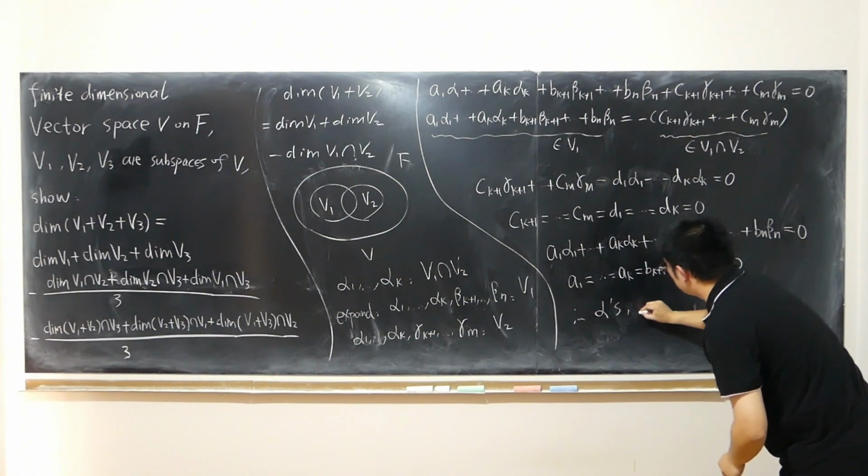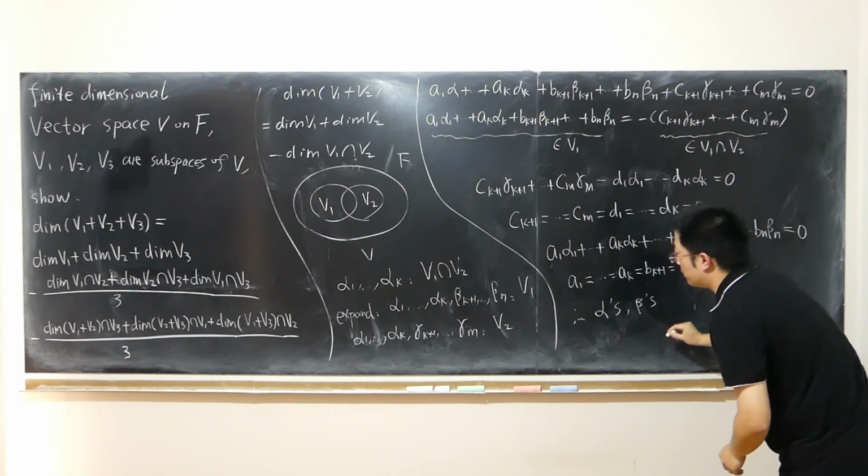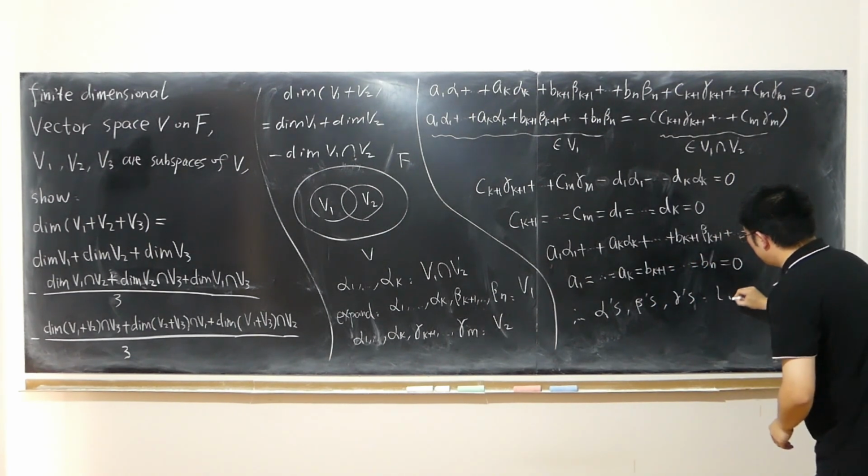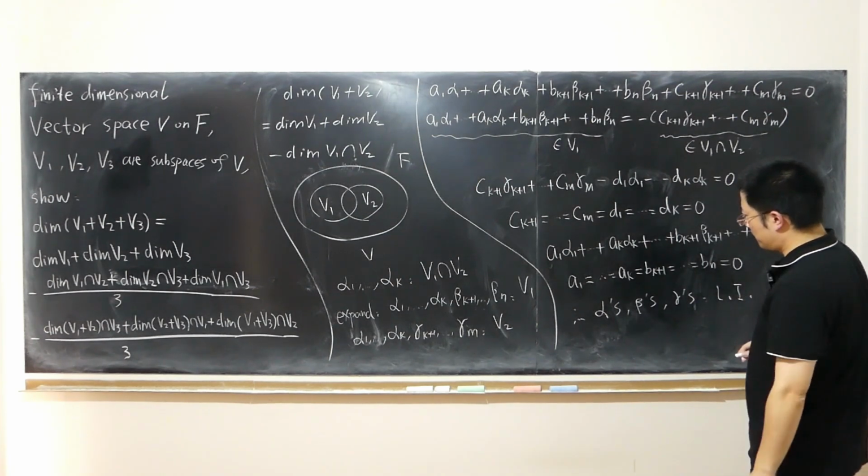All the alphas together with the betas, together with the gammas, are linearly independent.